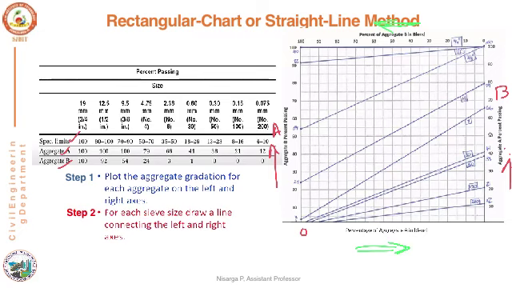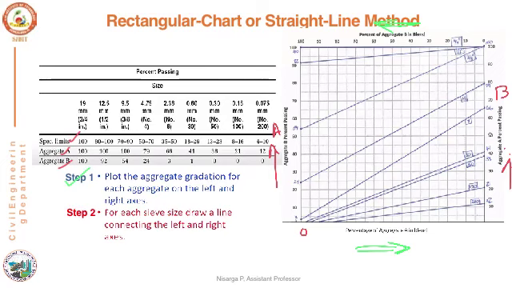In the first step, we need to plot the gradation of aggregate A and aggregate B. You can see here on this y-axis, we have taken 0, 10, 20, 30, 40 up to 100 percentage passing for aggregate B, and percentage passing for aggregate A is taken on the other axis, 0 to 100%.